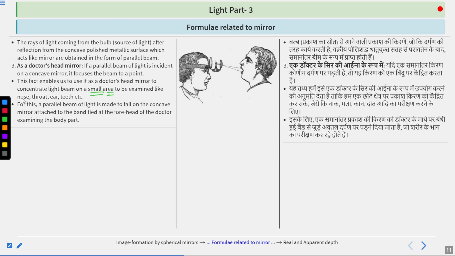That could be nose, throat, ear, teeth, etc. Any could be there. For this, a parallel beam of light is made to fall on the concave mirror that is attached to the band tied at the forehead of the doctor who is examining the body part.